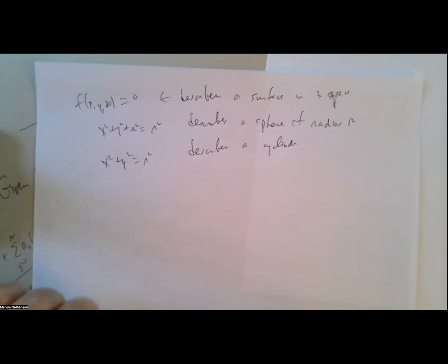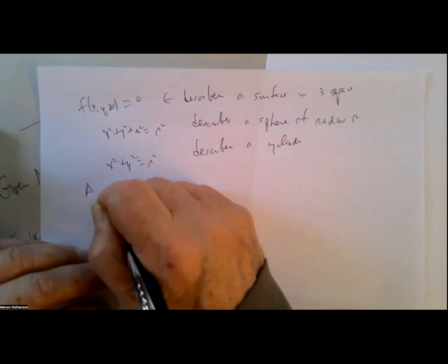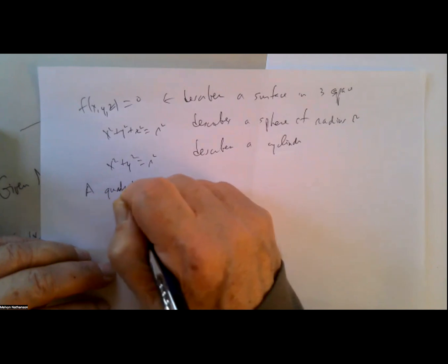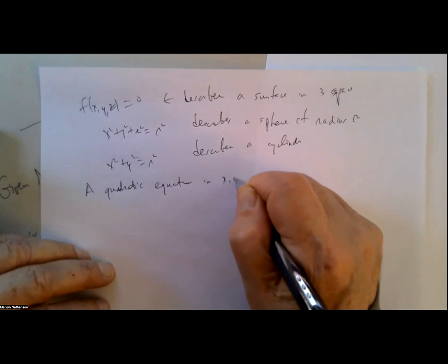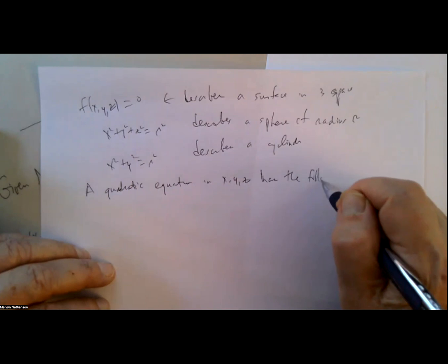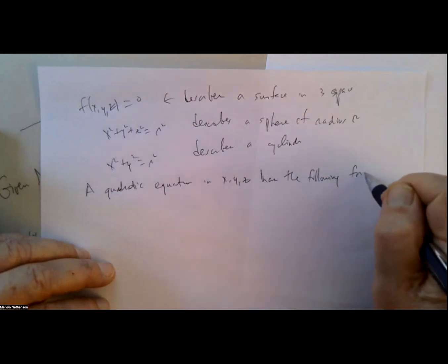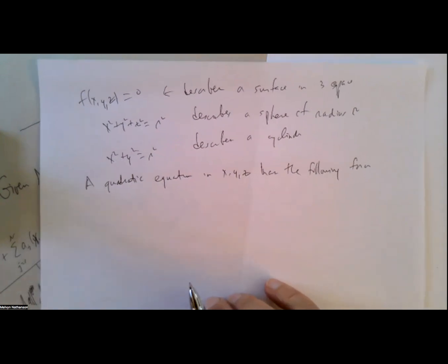In general, let's look at what are called quadric, which is short for quadratic, surfaces. So a quadratic equation in x, y, z has the following structure or form. You can't have any monomial, any term with degree bigger than 2.